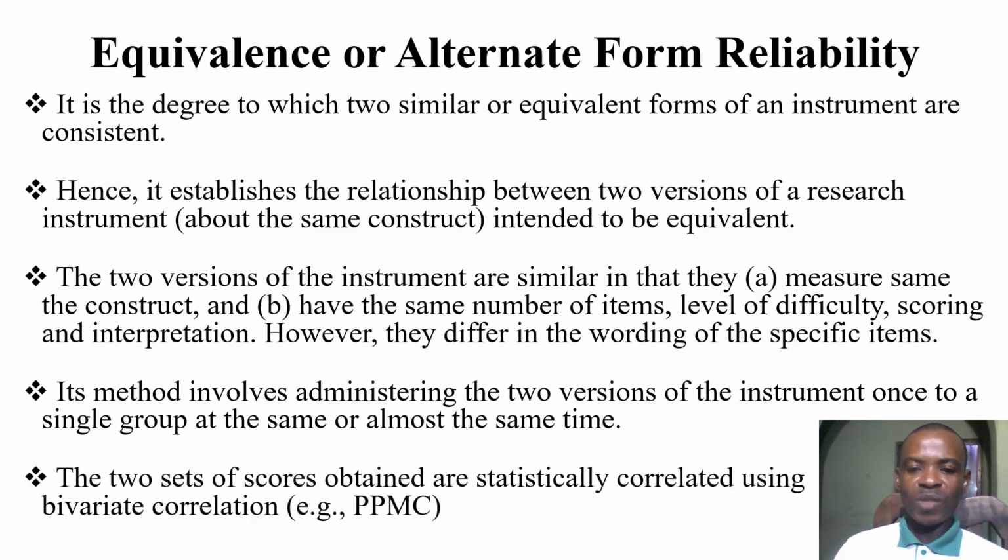Having collected your data, the two sets of scores obtained from the two versions of the instrument are statistically correlated using bivariate correlation, just as in a test-retest method.